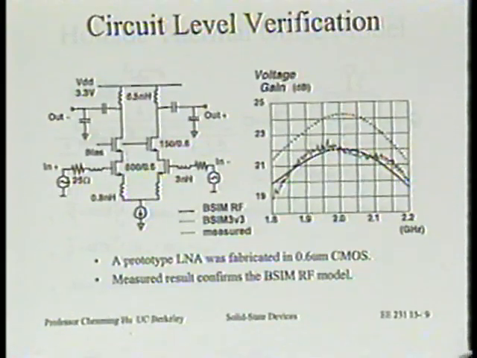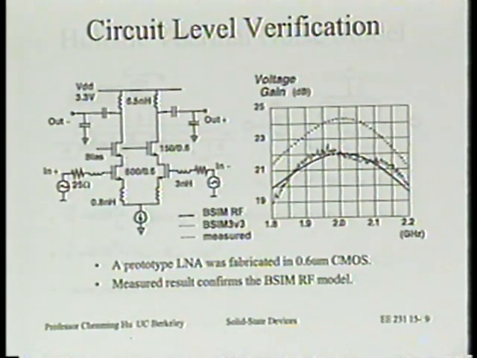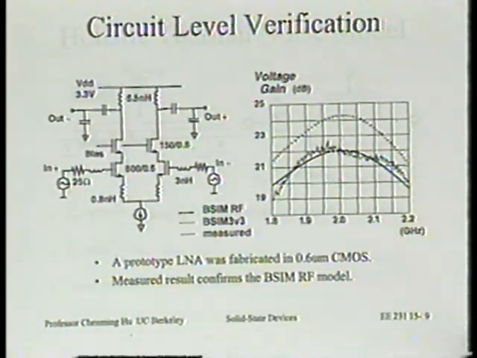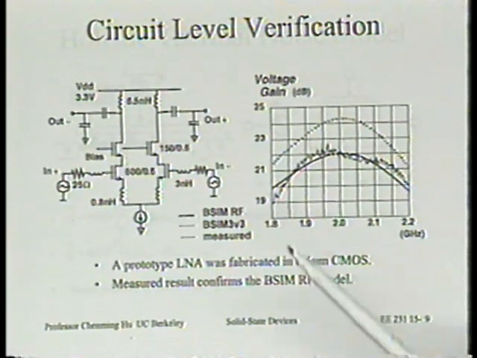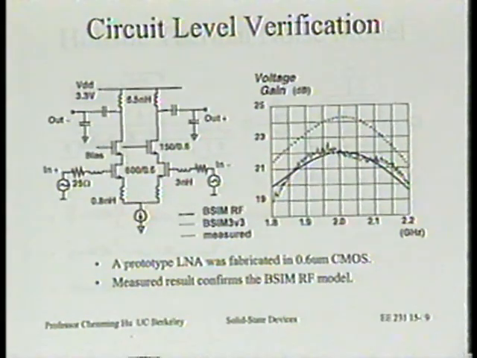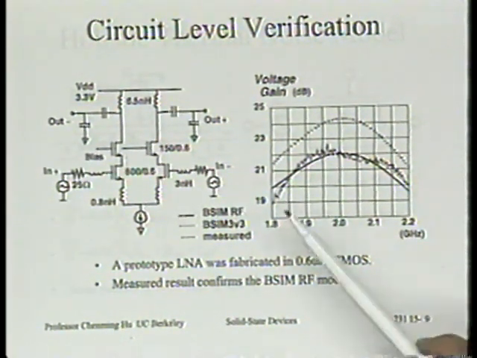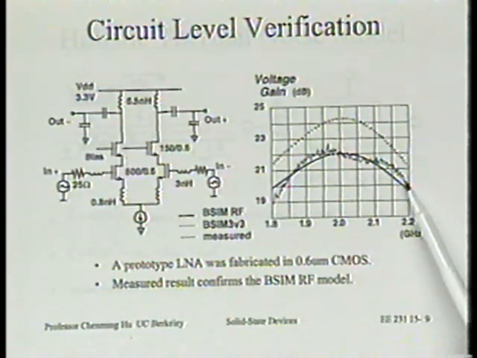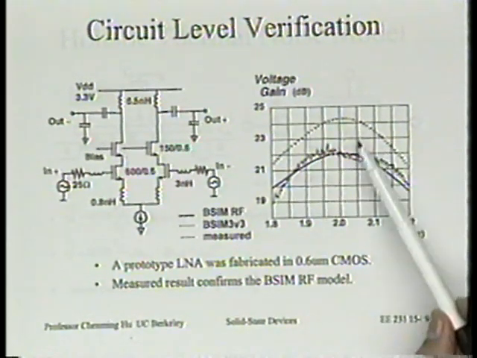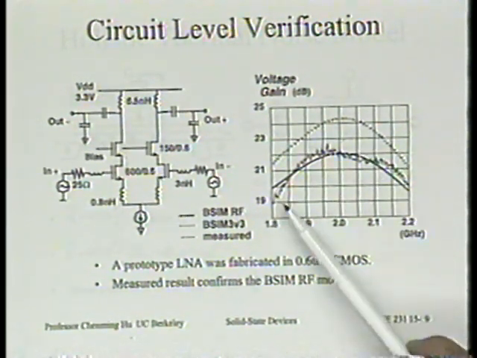And this is a low noise amplifier, using a 0.6 micron technology, a TSMC technology. And this is the voltage gain versus frequency. This is the measured characteristics. Both these are simulation.